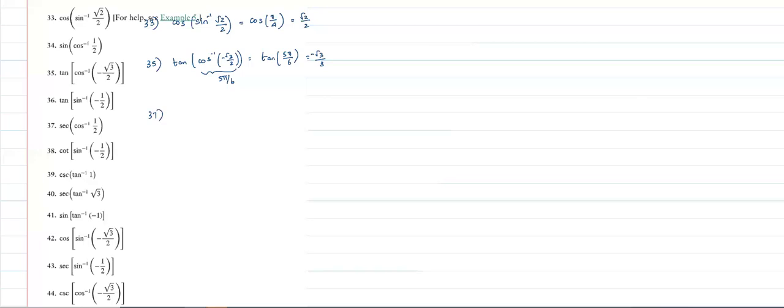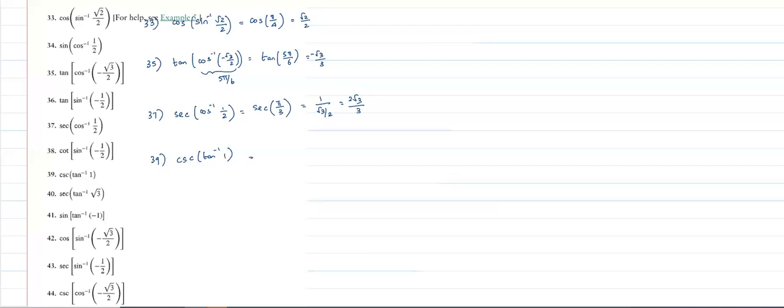37 cosine over root 3 over 2, which is 2 root 3 over 3. 39 cosecant of tan inverse of 1.